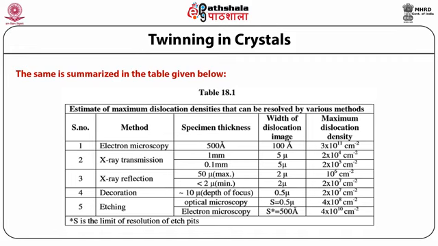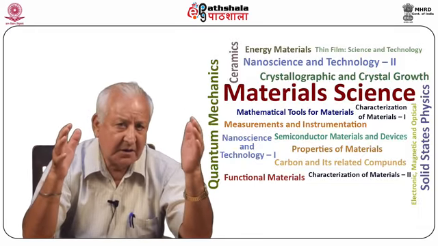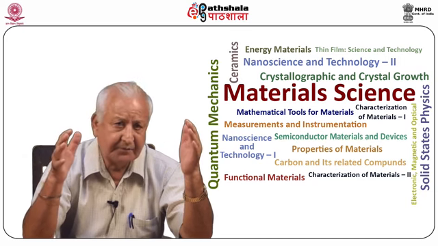Maximum dislocation density is given as 4 into 10 raised to power 8 per square centimeter. However, if we use electron microscopy, S is equal to 500 angstroms. Maximum dislocation density is 4 into 10 raised to power 10 per square centimeter, where S is the limit of resolution of etch pits.